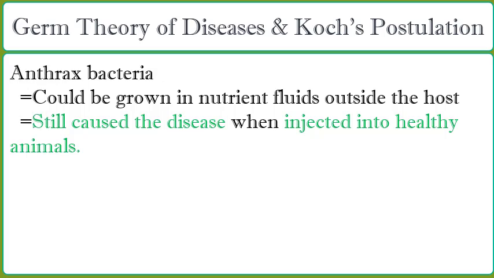Koch discovered that the anthrax bacteria could be grown in nutrient fluids outside the host, and even after many transfers in laboratory culture, the bacteria still caused the disease when inoculated into healthy animals.